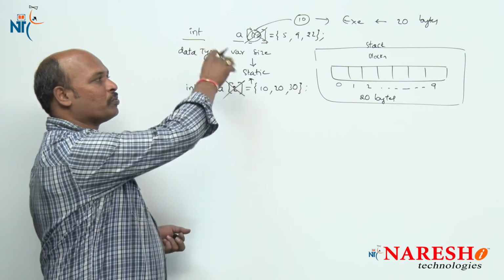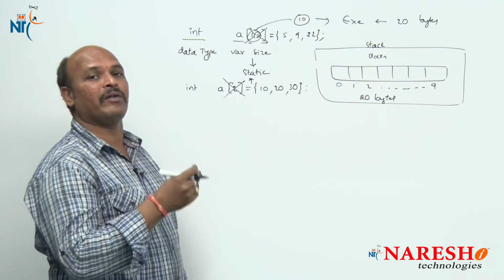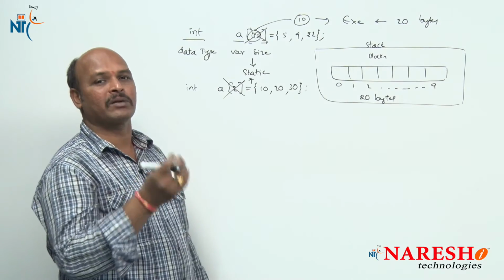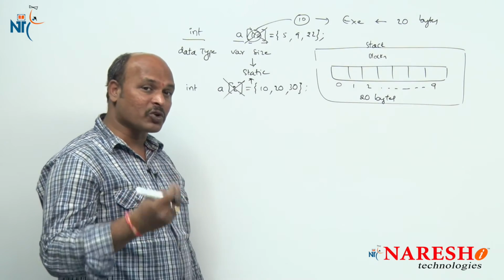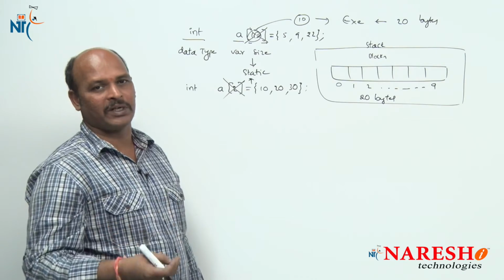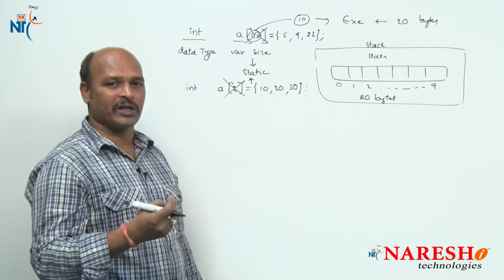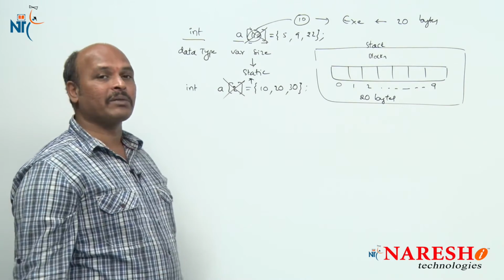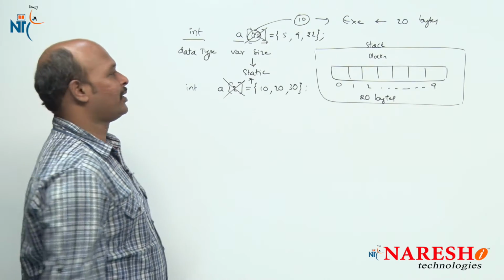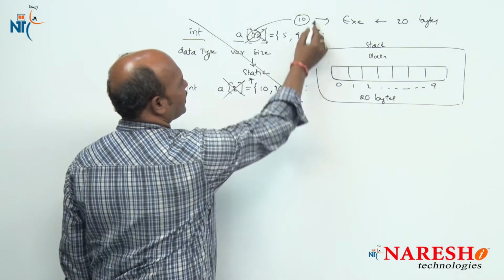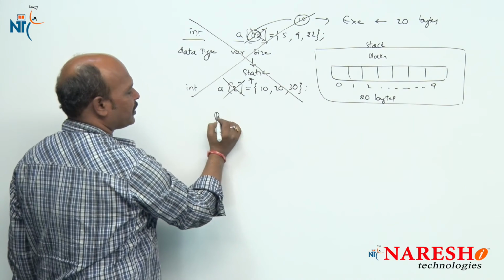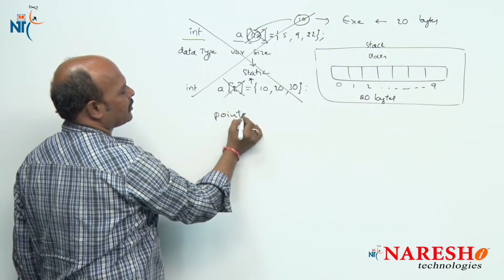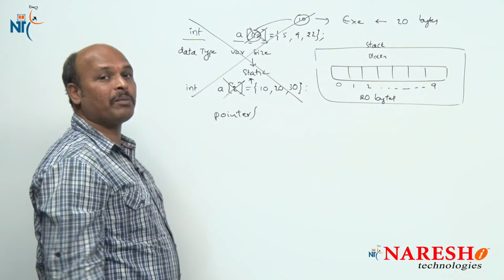That is why, to prevent this problem, dynamic memory allocation was introduced, which is also called runtime memory management or runtime memory allocation. In dynamic memory allocation, instead of the array concept we use pointers.